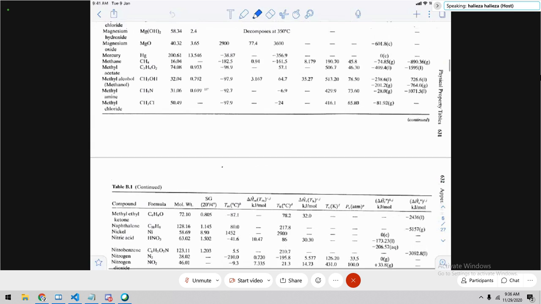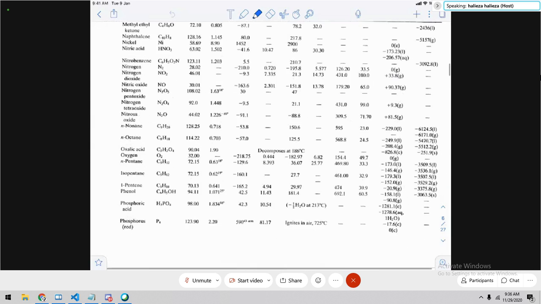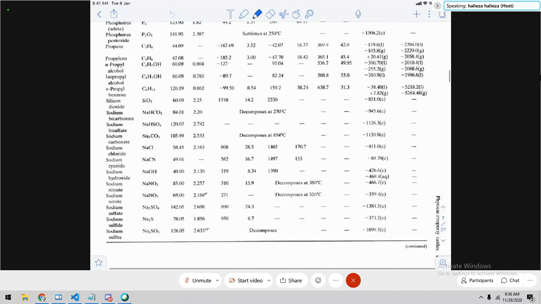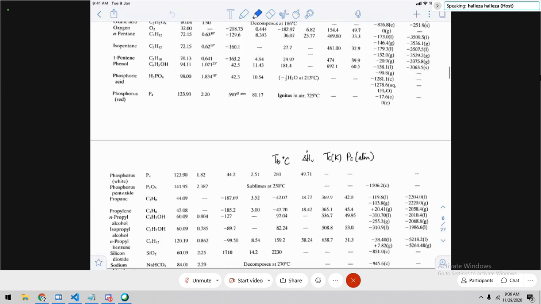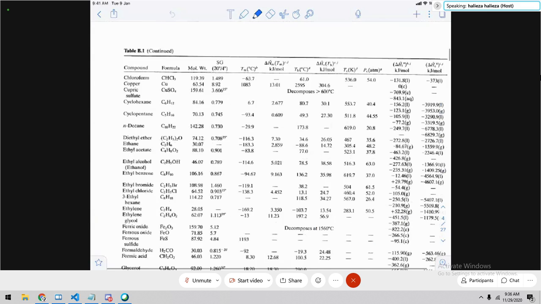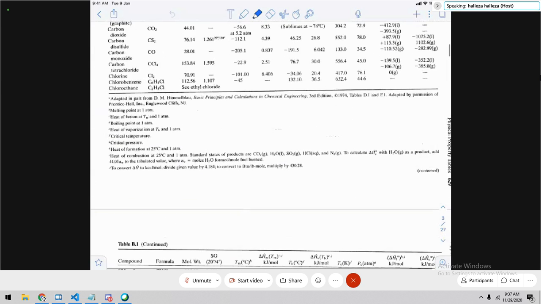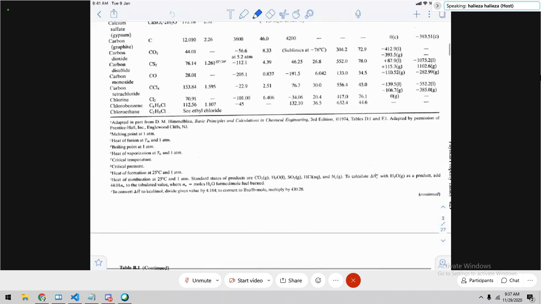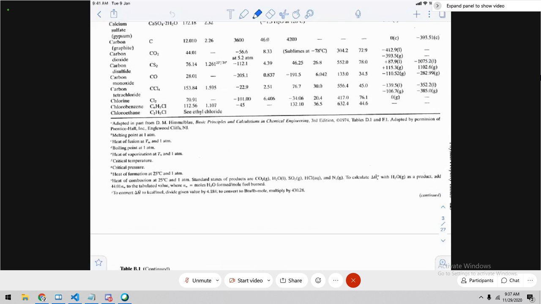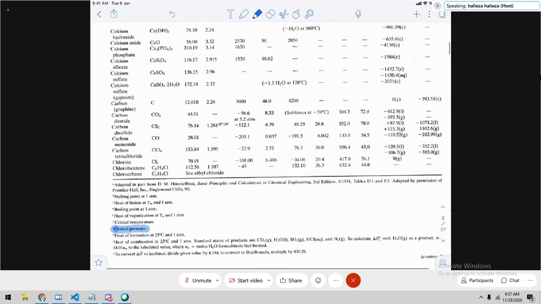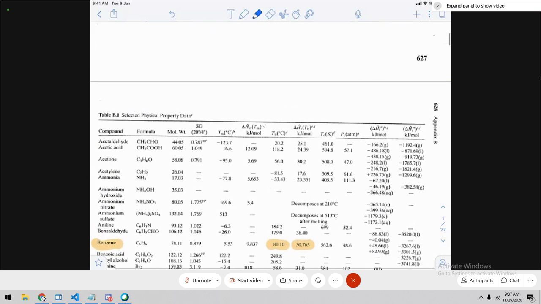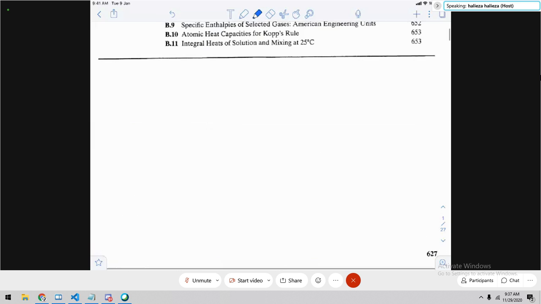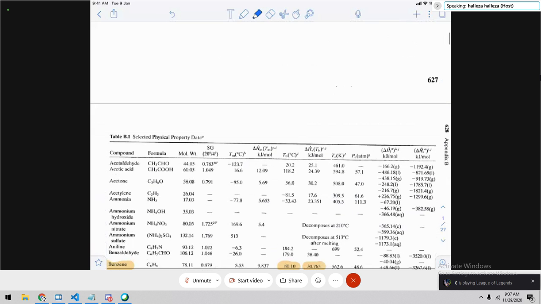There should be a statement somewhere. Is it in gauge or is it in absolute pressure? Boiling point, where is it? Critical pressure. Nothing mentioned at all that it is gauge. So I'm assuming it is absolute, isn't it? There's no mention at all that it is gauge.